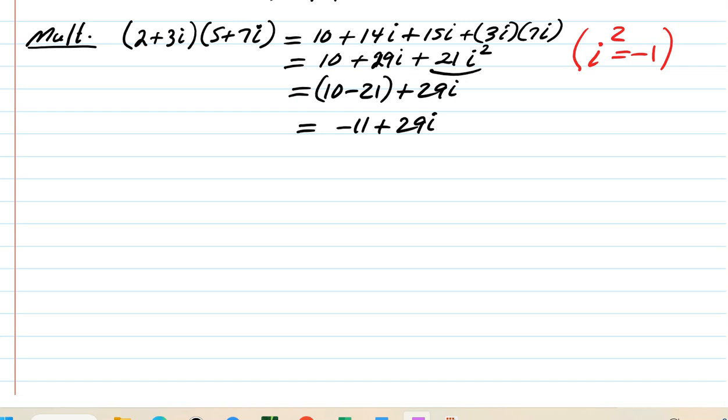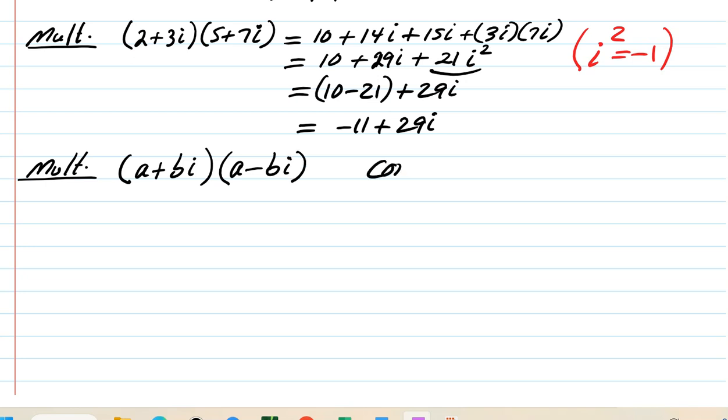Something about multiplication, by the way. This is a really cool special case of multiplication. Suppose I have a plus bi, that's the standard form of a complex number. Then I have another complex number that's what we call the conjugate of a plus bi. These two binomials are conjugates of each other.